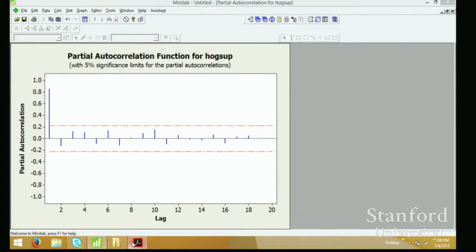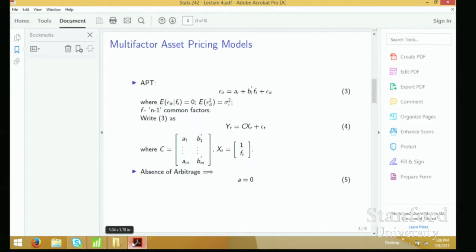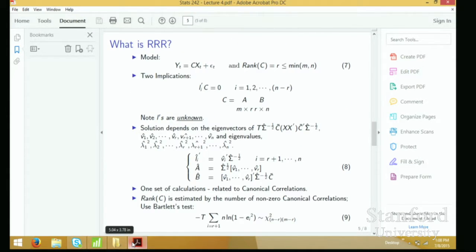So let me go back to the slide that I have on reduced rank regression. If the matrix has lower rank, there are two implications. The first implication is that there are linear combinations that you can take such that L prime C is equal to 0.